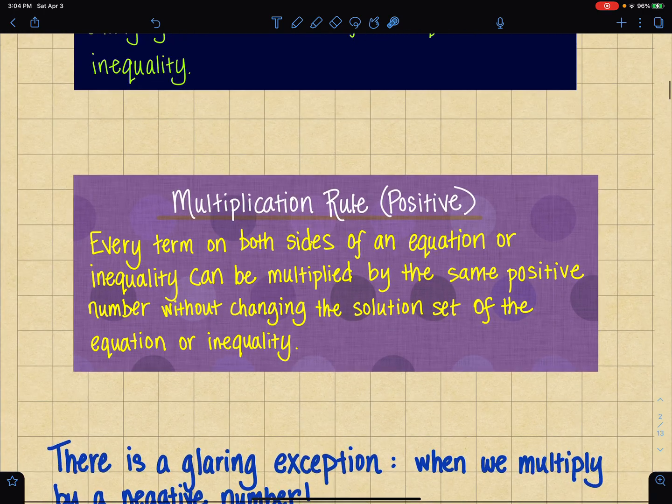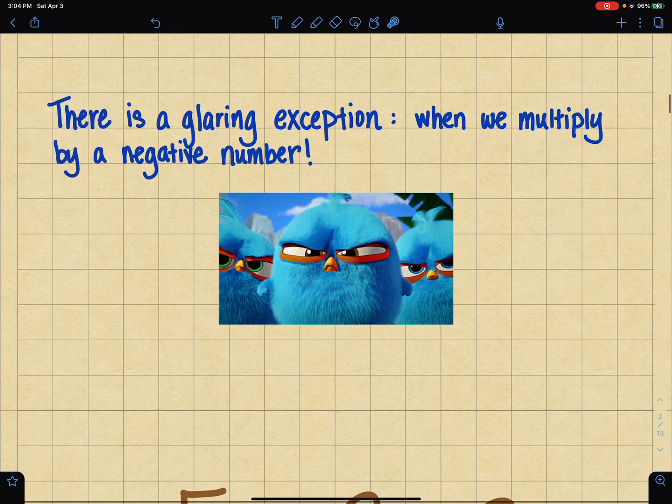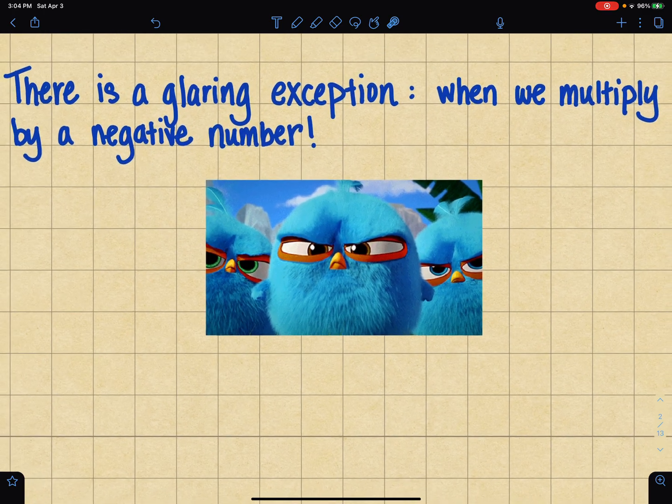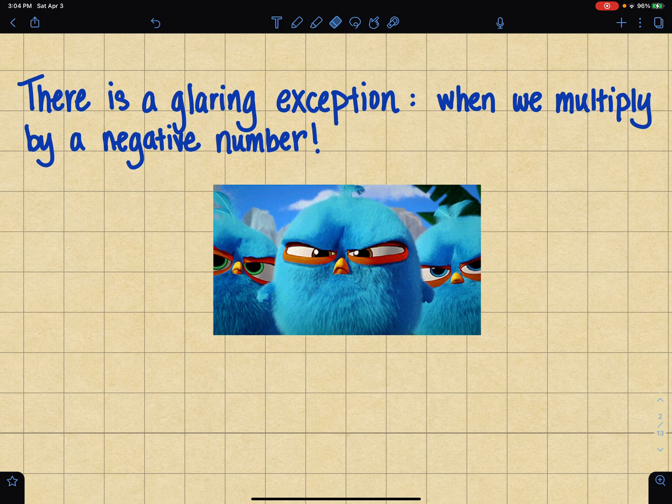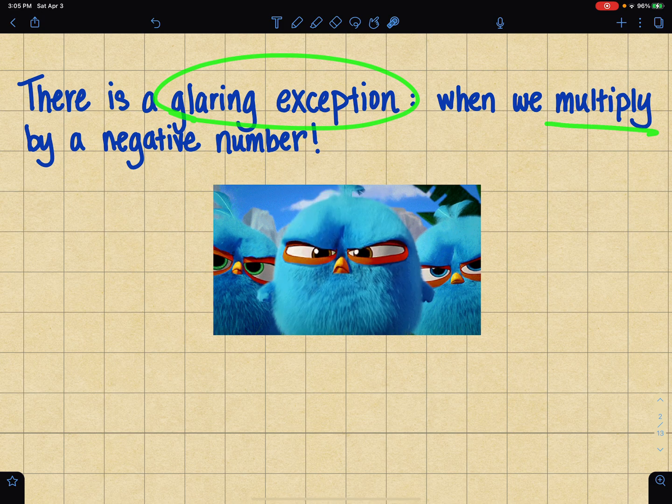Here is the one glaring exception. I put this little bird there because the bird is glaring. Get it? He's glaring. The glaring exception is this: when you multiply by a negative number, you have to give it this look, because it is not going to be the same type of thing as an equation.